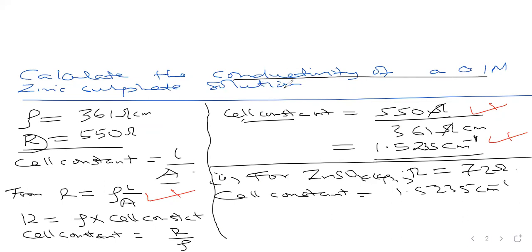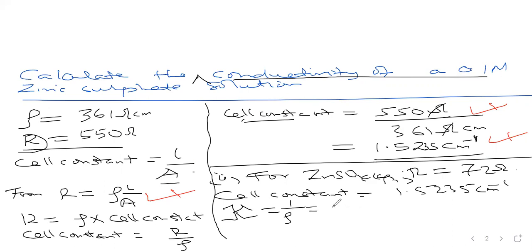They're now asking us to get the conductivity. If they say conductivity and don't specify, that means they mean electrolytic conductivity. Electrolytic conductivity, we saw its expression as the reciprocal of resistivity.